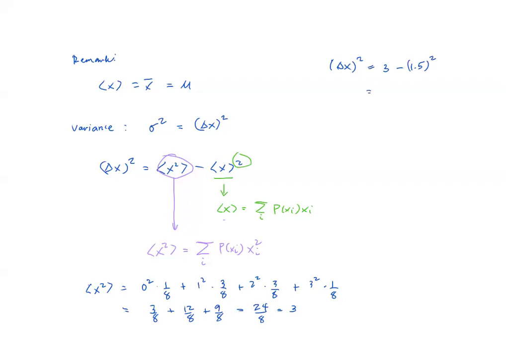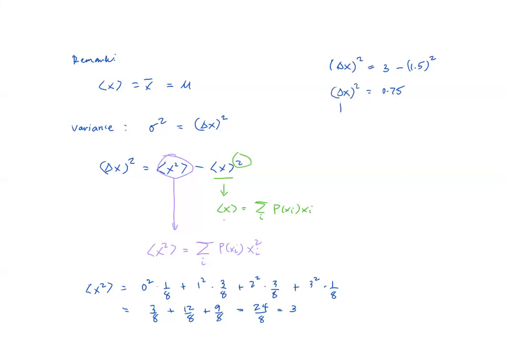So ilan to? Let's see. So we have 3 minus 1.5 squared is 0.75. Okay? However, this is your variance.